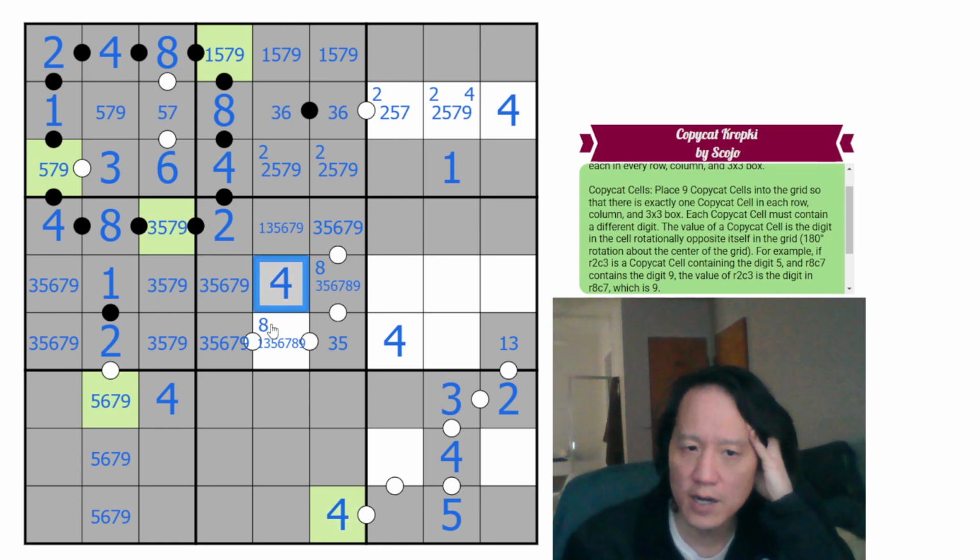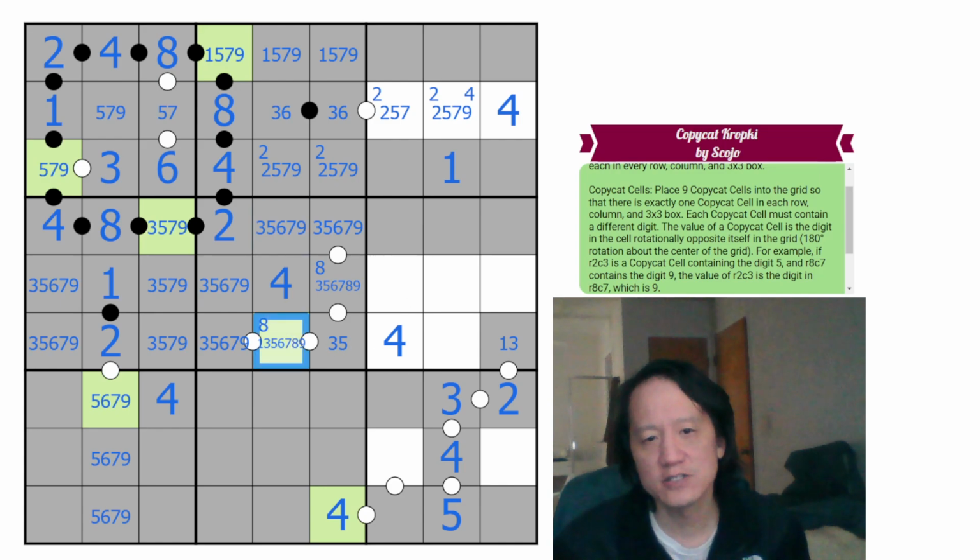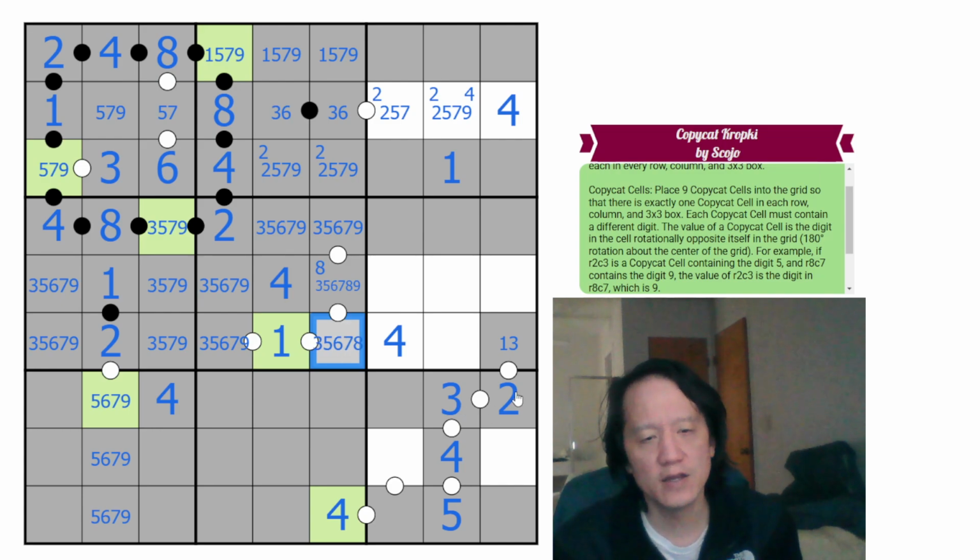Therefore, this is not the copycat. Therefore, this is the copycat. And therefore, this can't be 1 because the value of this would then be 1. So this can't be 1, which means this has to be 1. This could be, again, 3, 5, 6, 7. Cannot be 8.